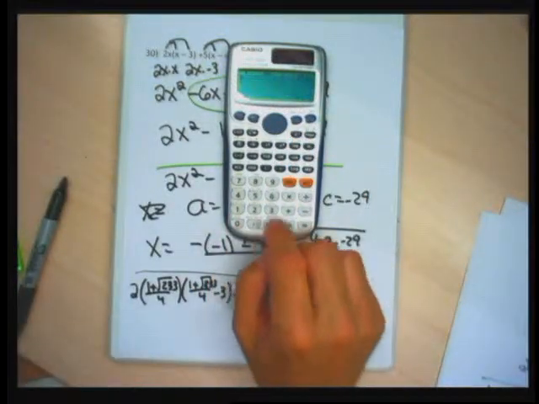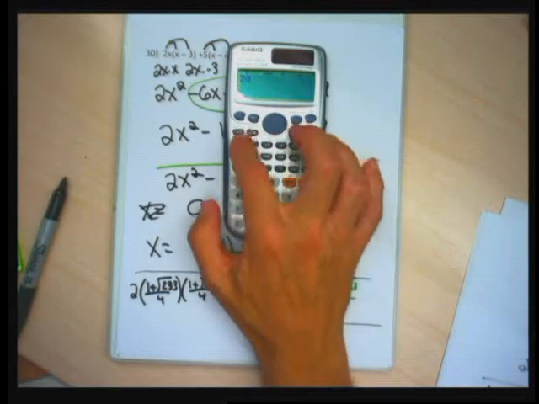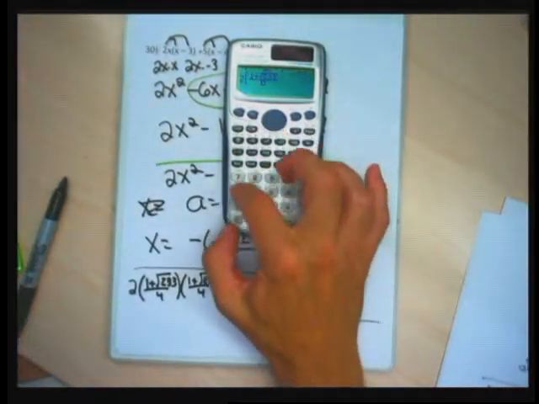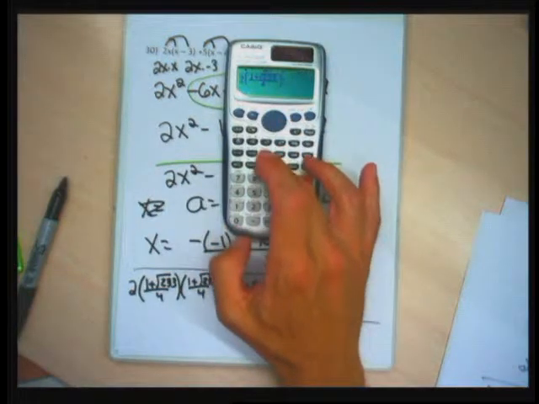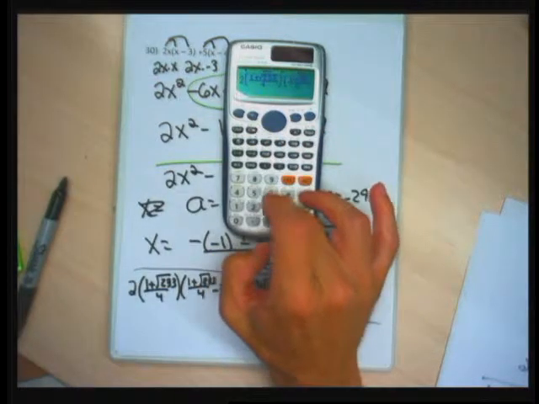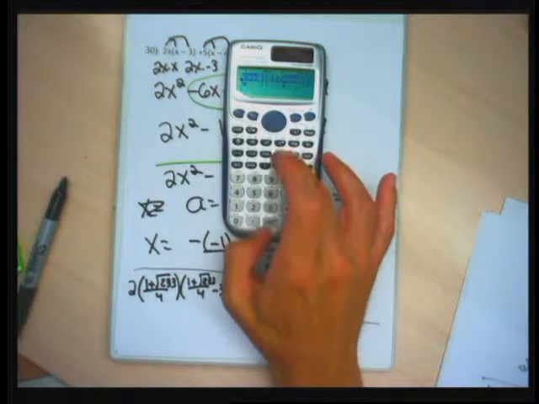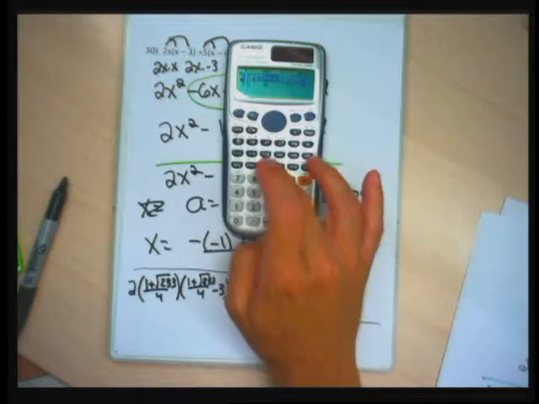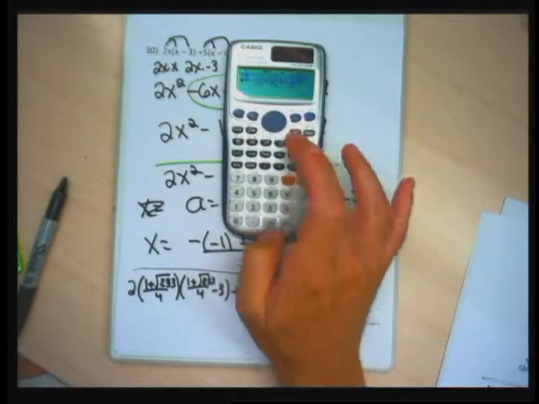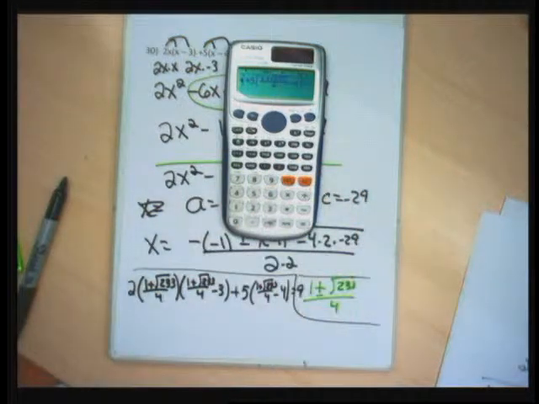So clear this out. 2 parentheses, fraction, 1 plus the square root of 233 over 4, out of the fraction, parentheses, fraction, 1 plus the square root of 233 over 4, minus 3, close out my parentheses, plus 5 parentheses, fraction, 1 plus the square root of 233 over 4, minus 4, close out my parentheses.